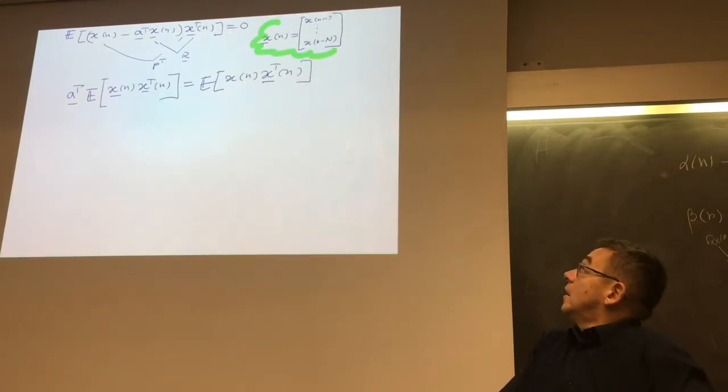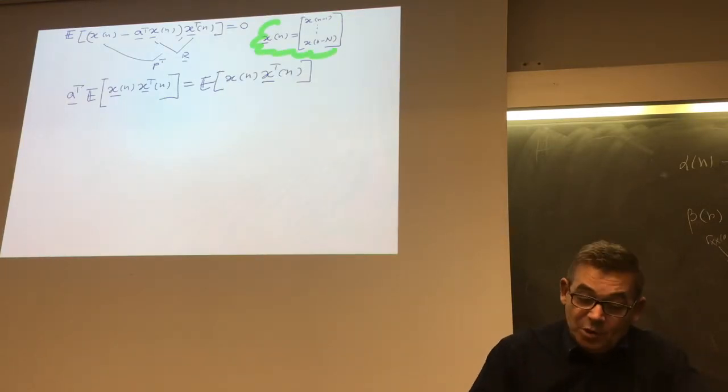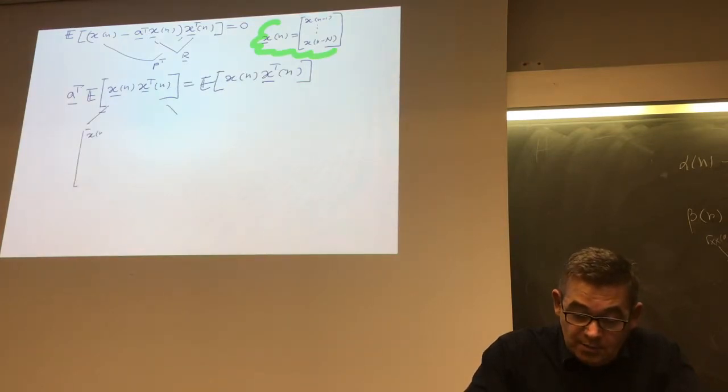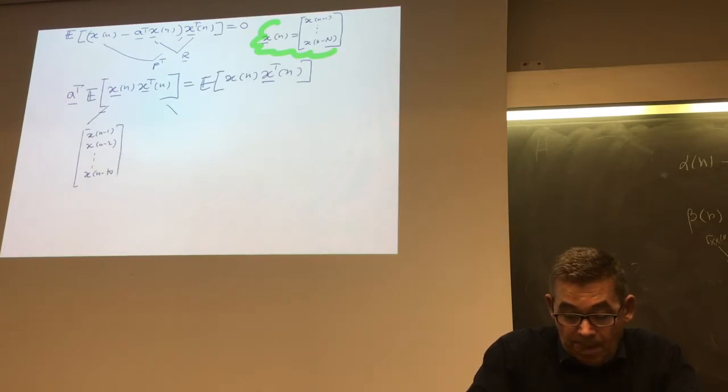Okay. Now, with patience, let's calculate. So here, by plugging in, I have xn minus 1, xn minus 2, xn minus capital N. And then I have a row. I have xn minus 1, xn minus capital N.